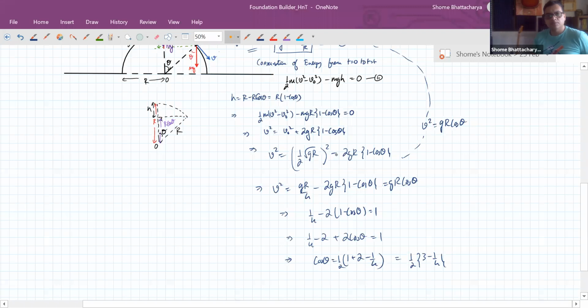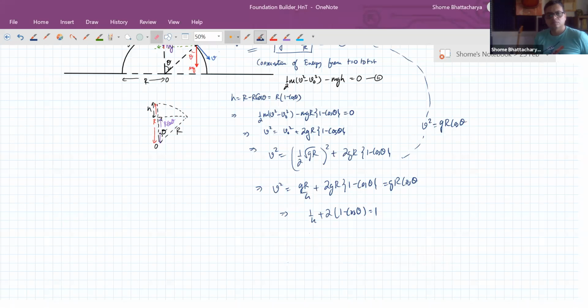Sorry, this should be plus, because v square is v naught square plus 2gr (1 minus cos theta).